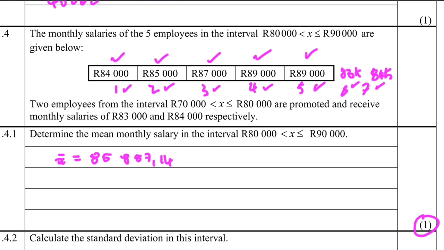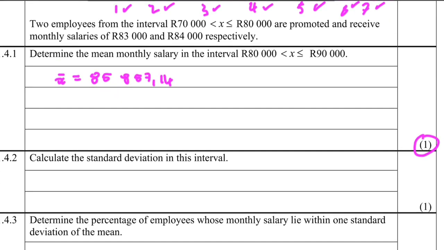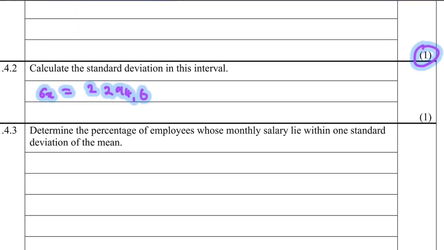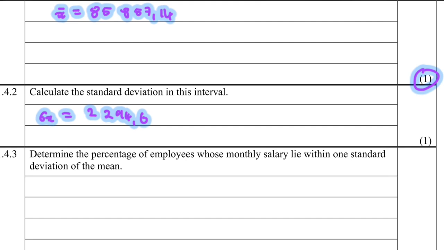And I think standard deviation is option 3 on my calculator. I can see the sign there, and then when I press that, I get the standard deviation being equal to 2,294.63, right?